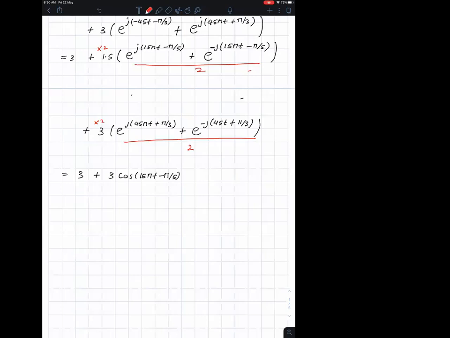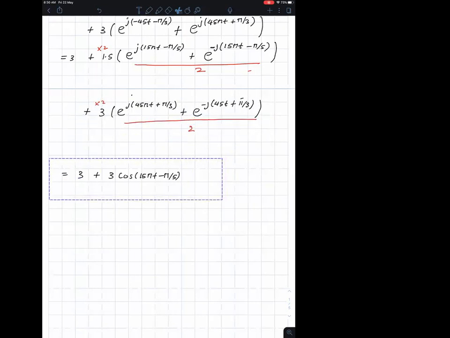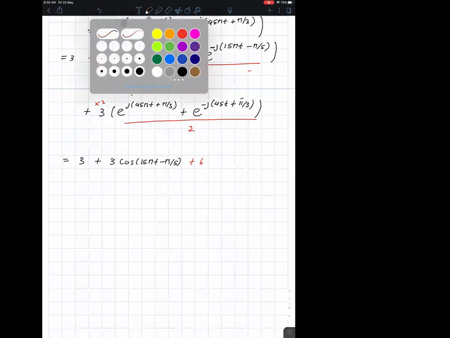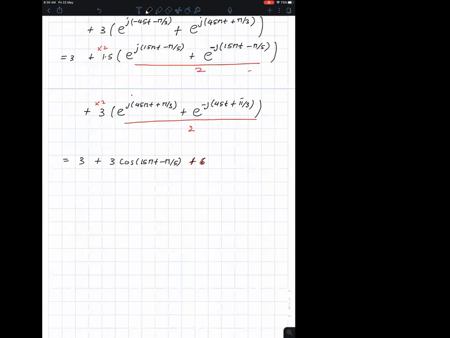The same for the other one. Three times 2 is 6. 3 times 2 is 6.